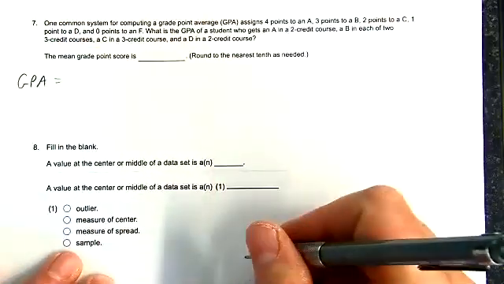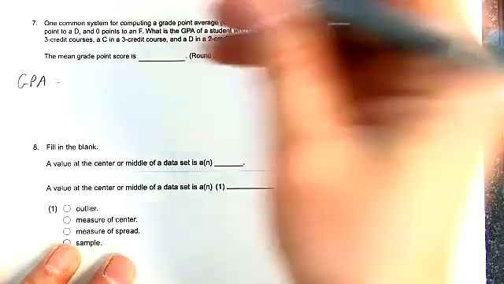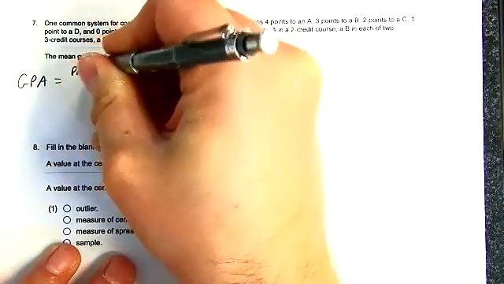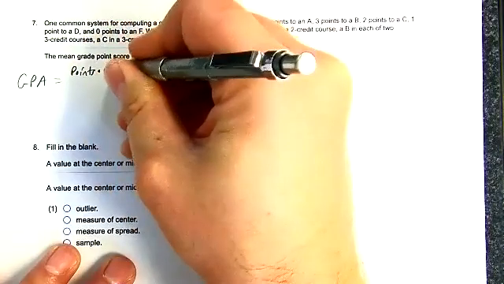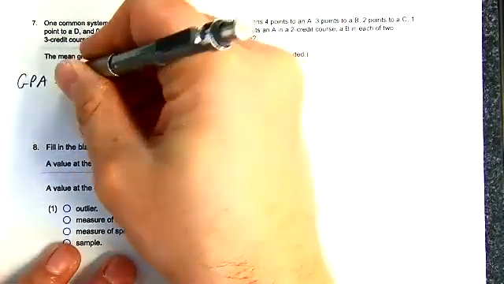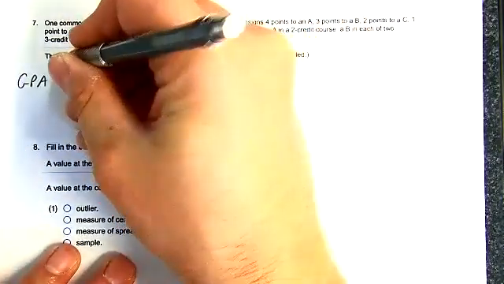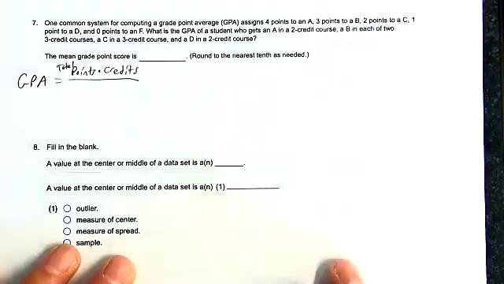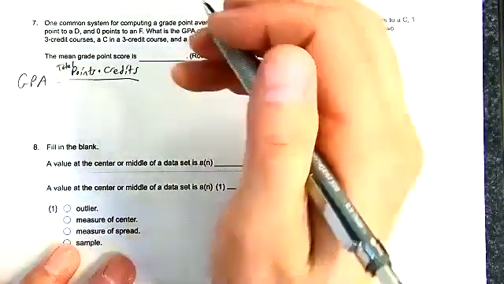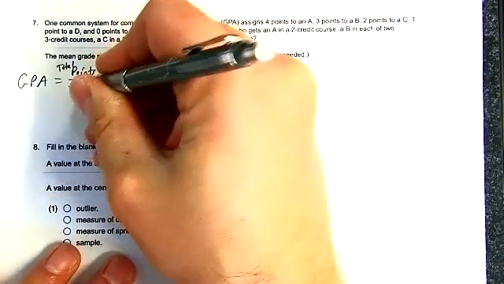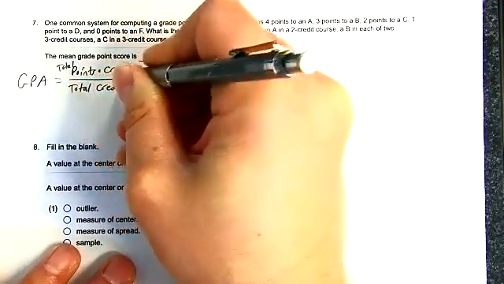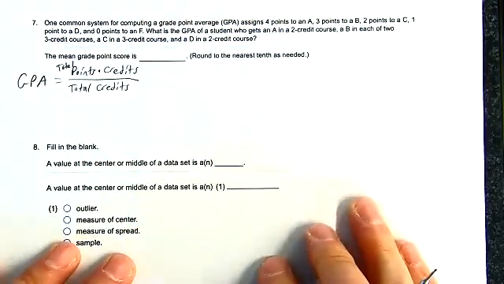It's equal to, you take your points times your credits divided by, so this is a total, so you have to do this a bunch of times. And then you divide by the total credits. You'll see the pattern.